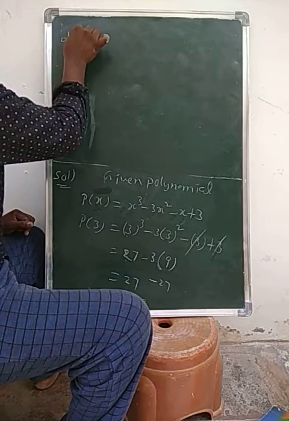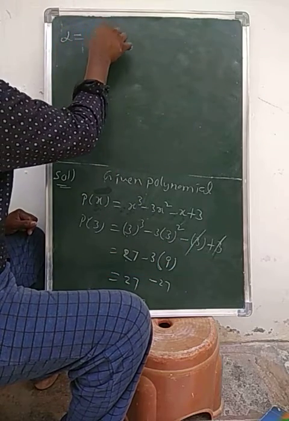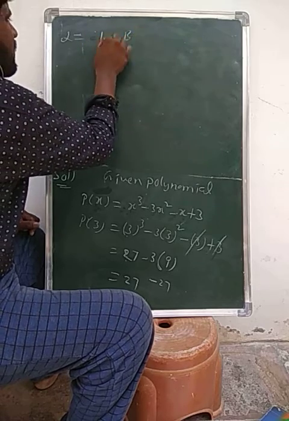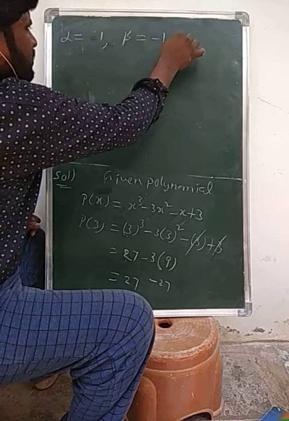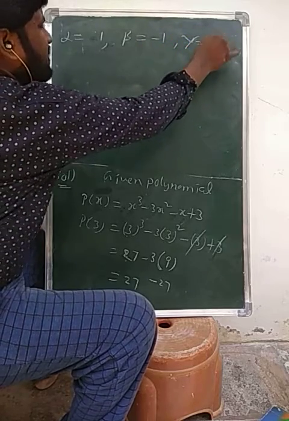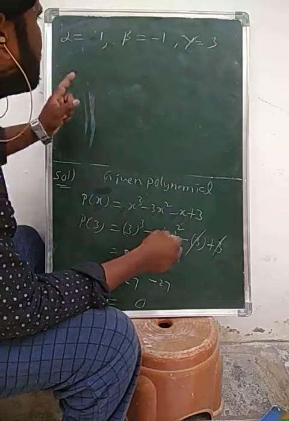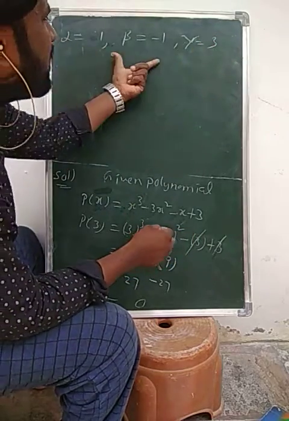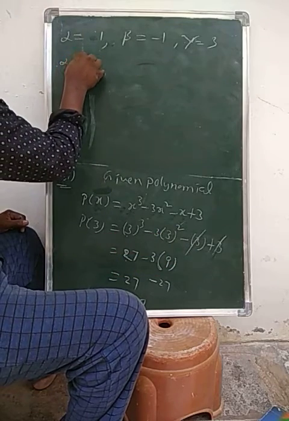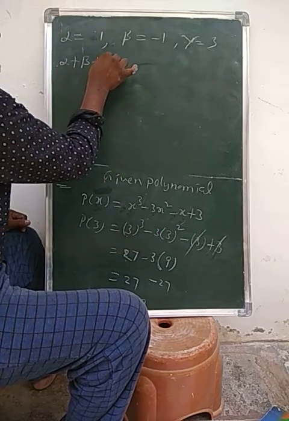Given alpha is equal to 1, beta is equal to minus 1, gamma is equal to 3. 3 zeros are given. Let us add them: sum of zeros. What we get? Alpha plus beta plus gamma.